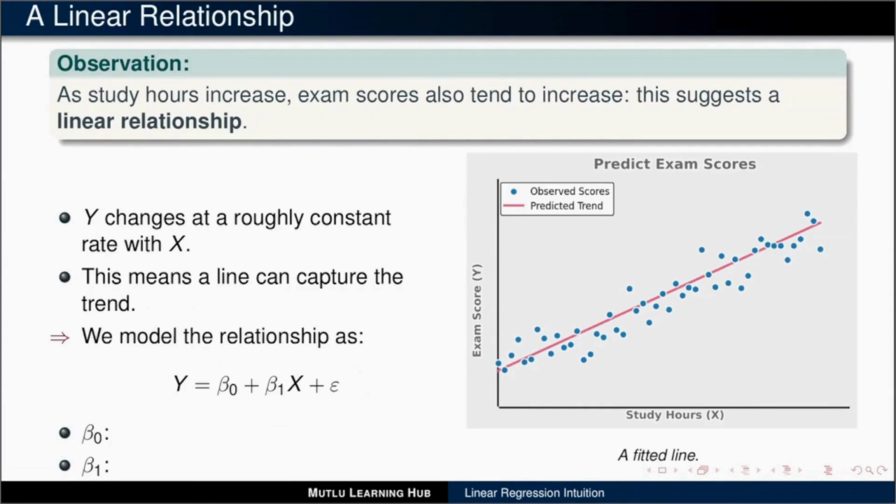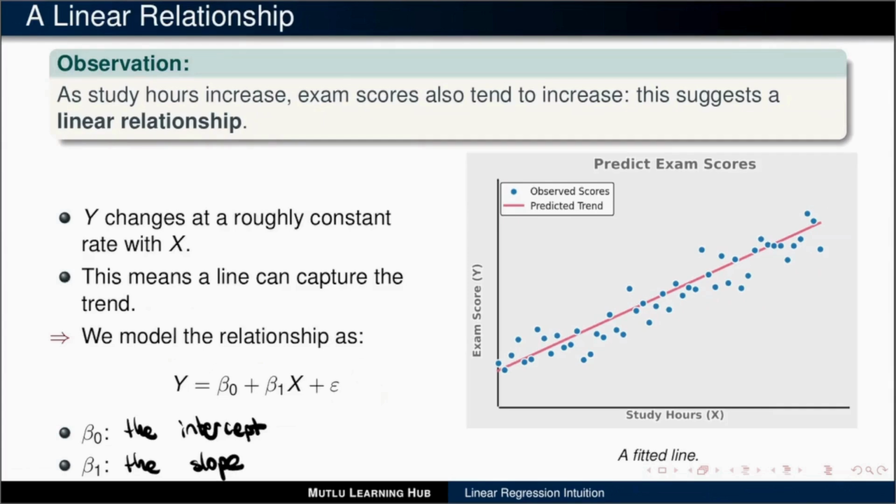We can model this relationship mathematically with this formula. Here, beta 0 is the intercept. It is the predicted exam score when the student doesn't study at all, which means when x is 0, we get beta 0. And beta 1 is the slope.